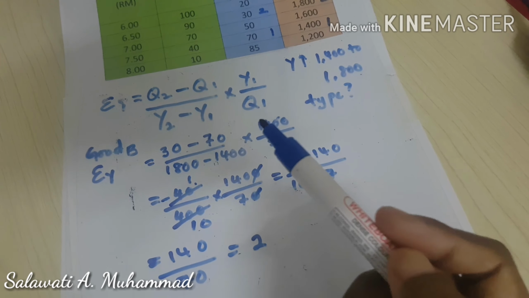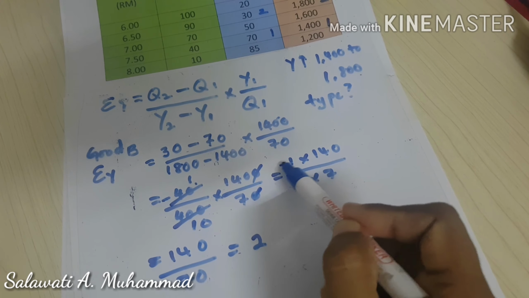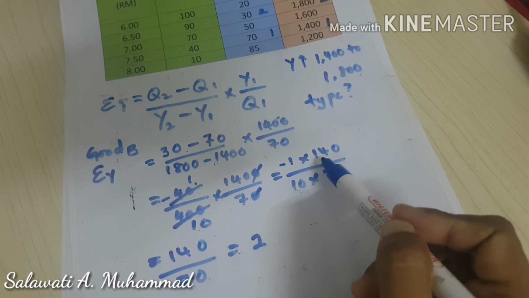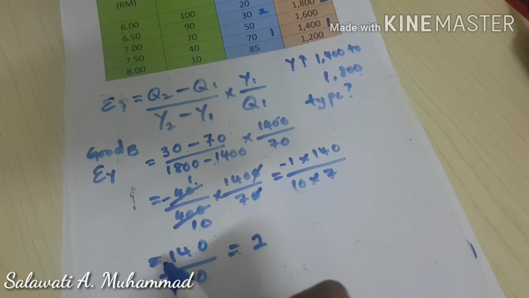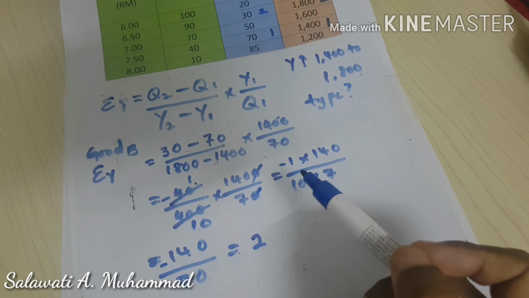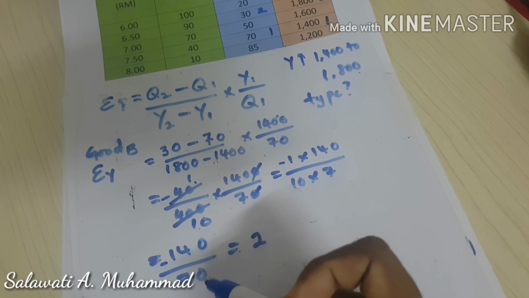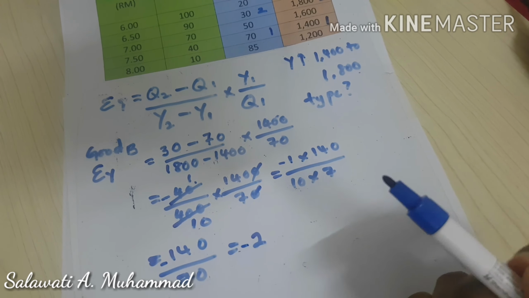Please be careful with the equation. So here is negative 1 times 140. So here we got negative 140. Negative 140 over 70, we got negative 2.